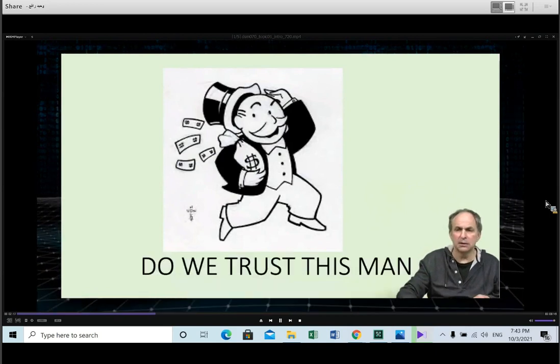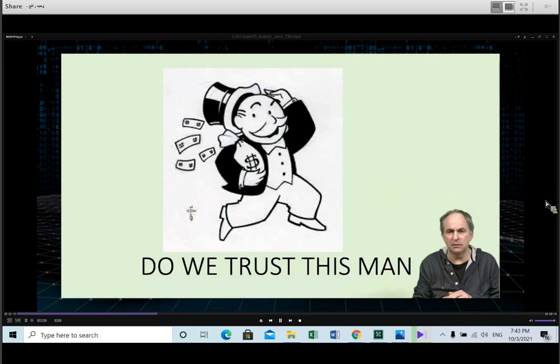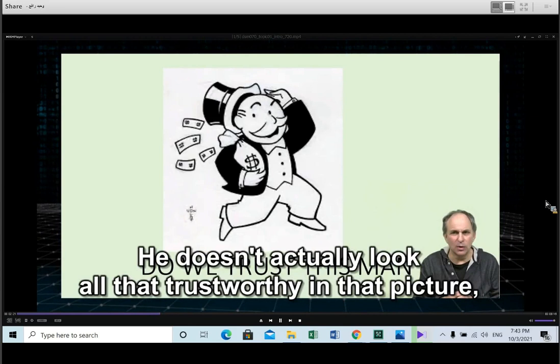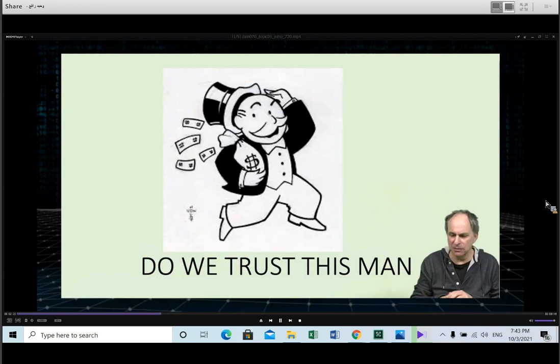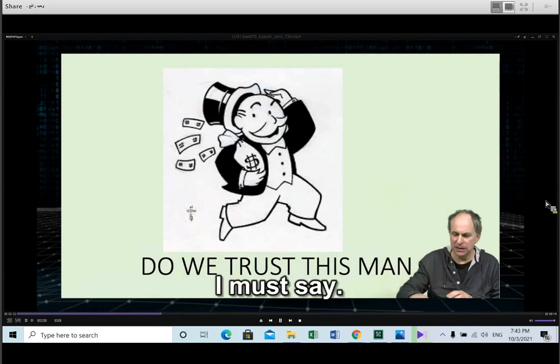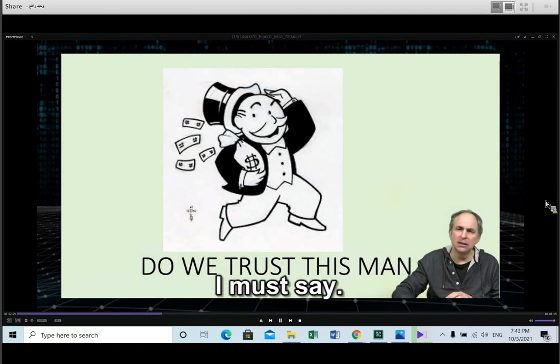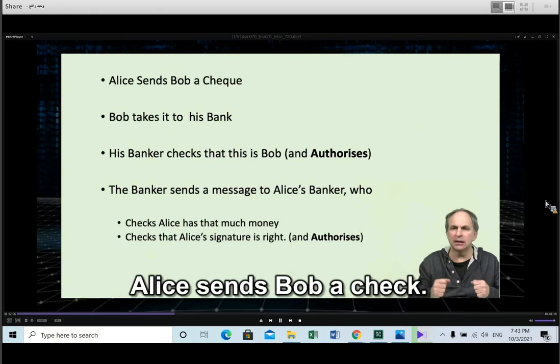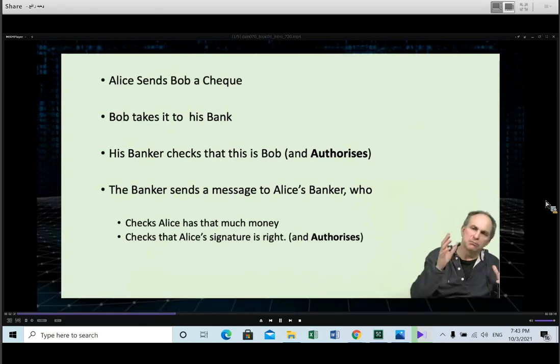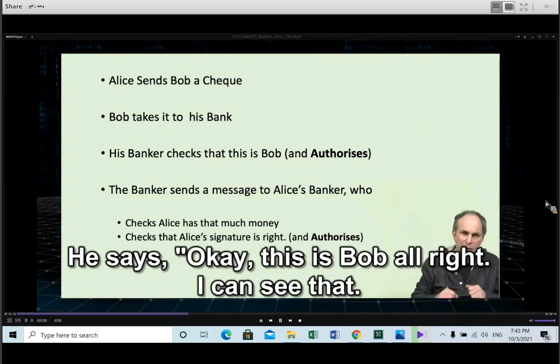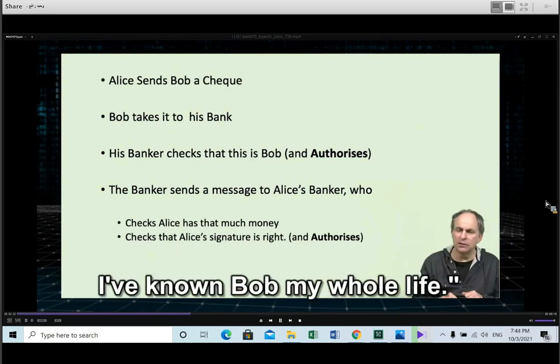Yeah, okay, that's the banker. Do we trust this man? Doesn't actually look all that trustworthy in that picture, I must say. Do we trust this man? Well, we may do. The banker checks that this is Bob. That's one of the things.